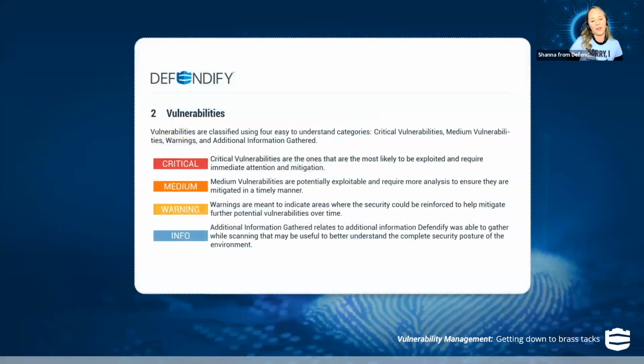And then with the vulnerability scan report, what we do is report back on the vulnerability ranking system. So our vulnerability scanner generally follows the CVSS scoring methodology, which talks about just basically how bad could this be? How likely is it that it's going to be exploited? How easy is it to exploit? What types of systems could it affect?